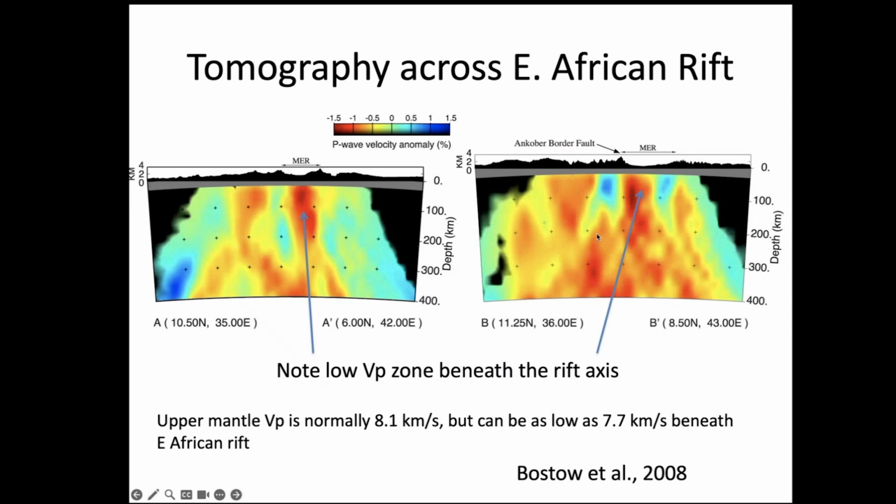And here's another one. These are two different sections. And you can see that in all cases, you've got this relatively low velocity upper mantle, presumably because it's got a significant amount of partially molten magma sitting in it.